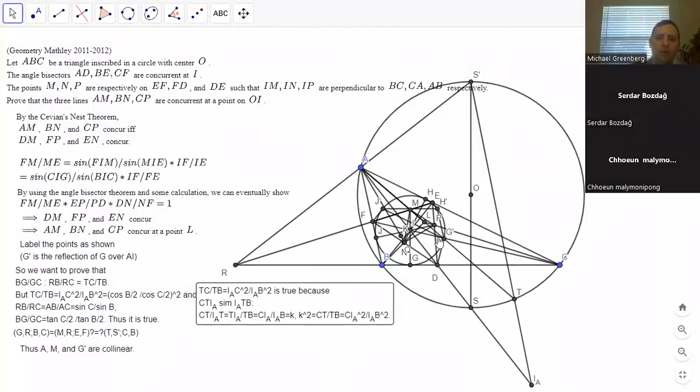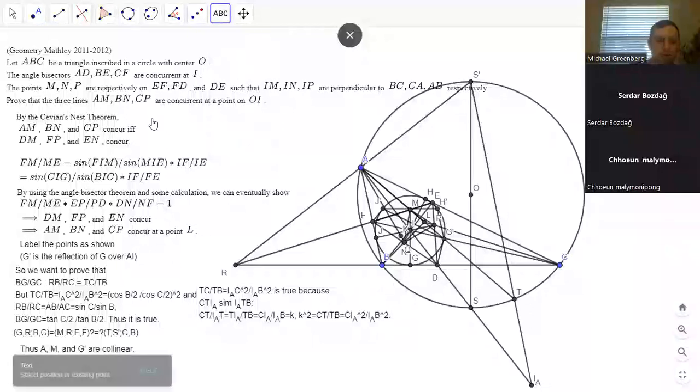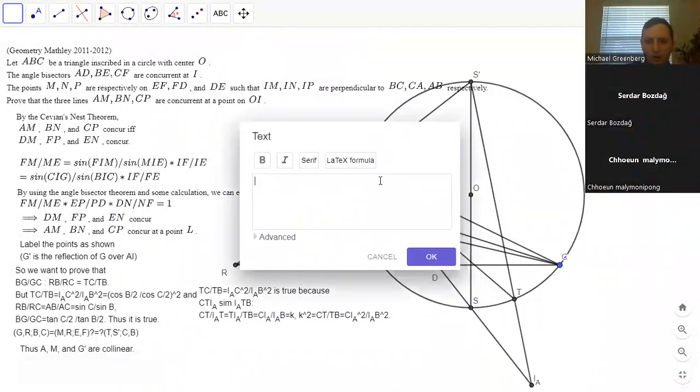By angle chasing, G prime H prime J prime is homothetic to ABC and similar. So, to ABC, thus L lies on OI.